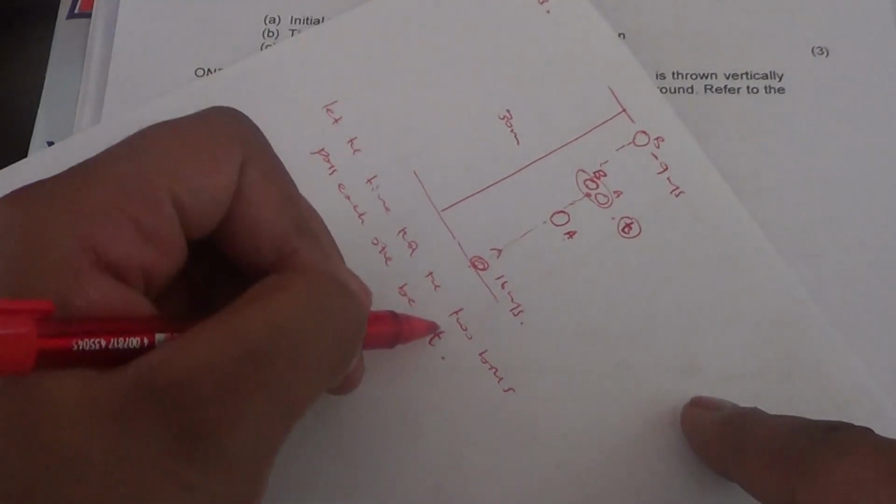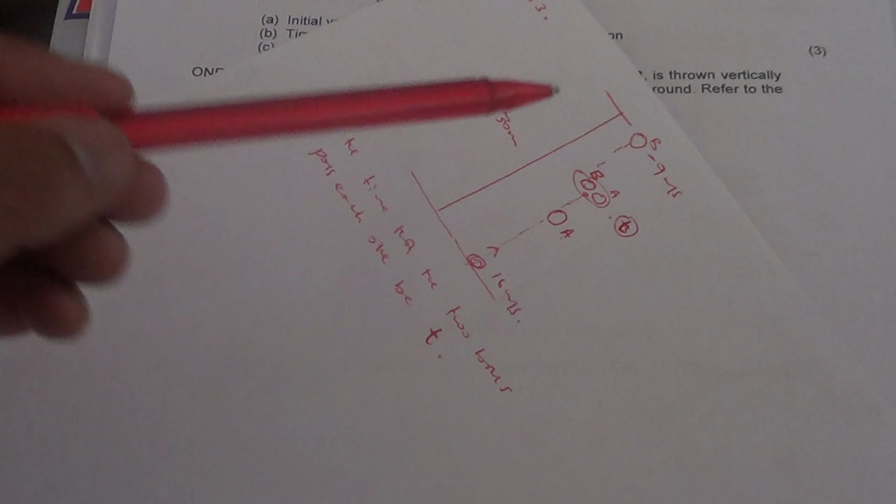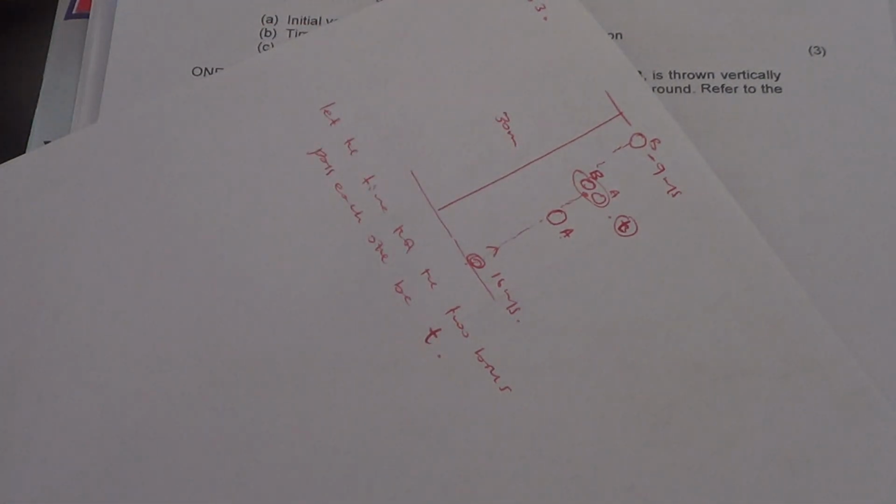Because if we don't consider this, we may have a problem, because we'll have too many unknowns. We don't know the velocities at which they will be traveling at that time. We really do not know the height. We don't know the time. So we need to try something here.